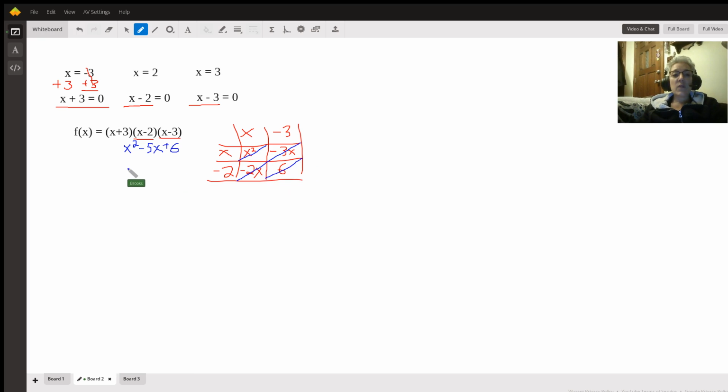So now we need to do the final step of multiplying that trinomial times the initial binomial. We're going to do the same process, and then combine like terms. I'm going to set up another box, this one 2 by 3.